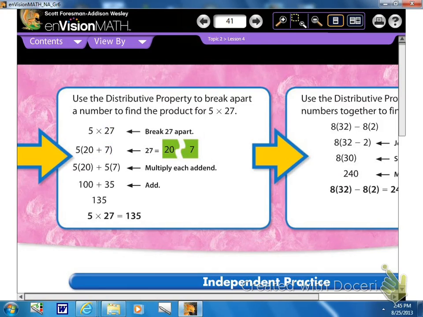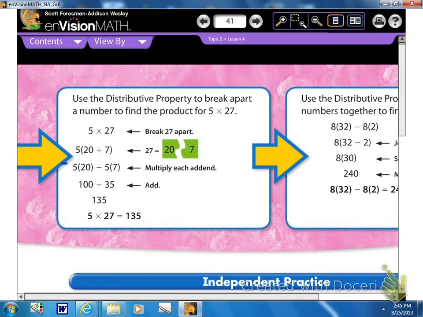So now we have the exact same thing. 5 times 27 is exactly the same as 5 times, in parentheses, 20 plus 7. So distribute that 5. When you think of the word distribute, think of passing that out. Well, I'm going to spread that multiplication of 5 to 20 and then to 7. And I'm going to add those products together.